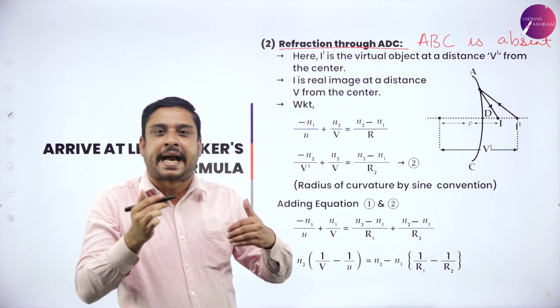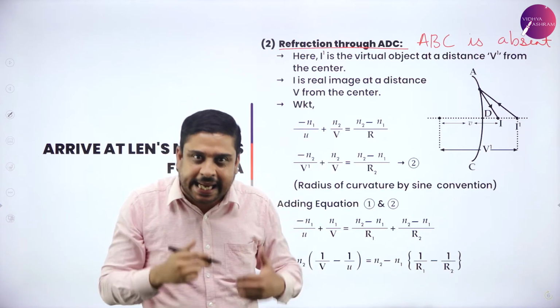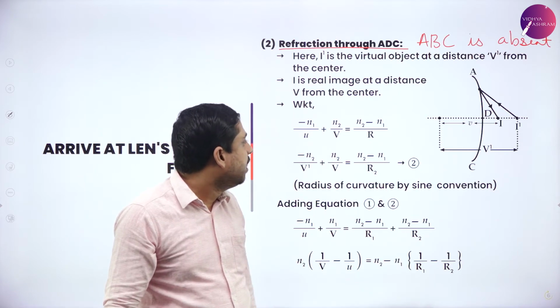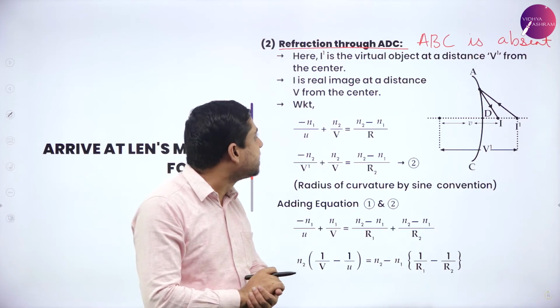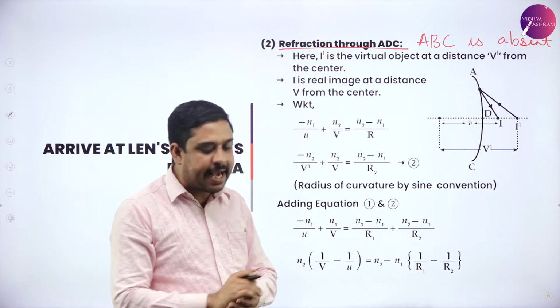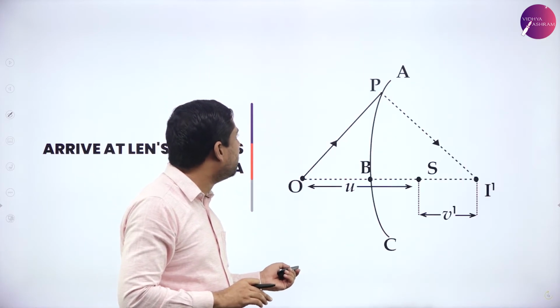So, when I am considering refraction through the second surface, I mean to say I am considering that the first surface ABC is absent. Here I have a beauty.